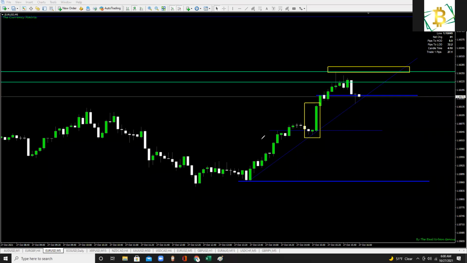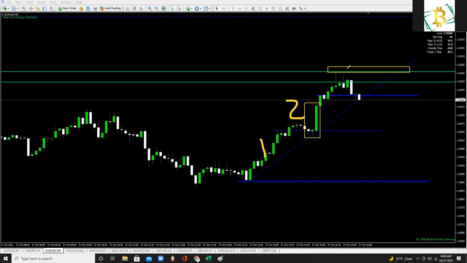Here are the levels here. We got 1, 2, 3. And as you see, the bears have taken over.